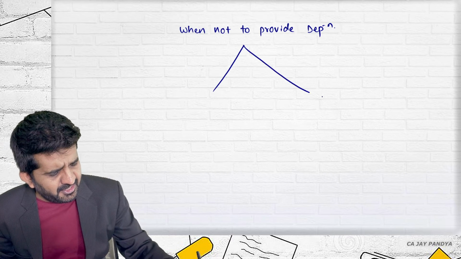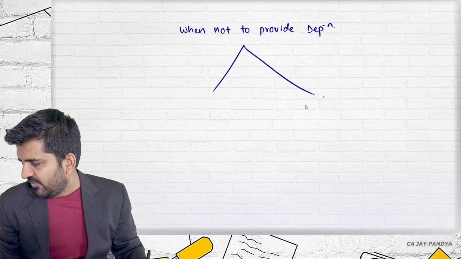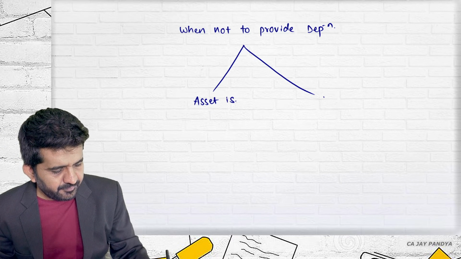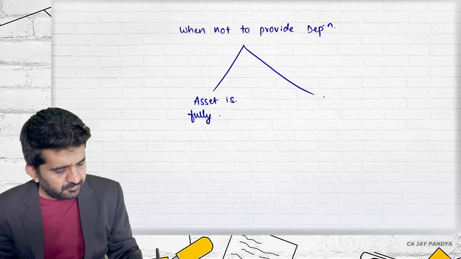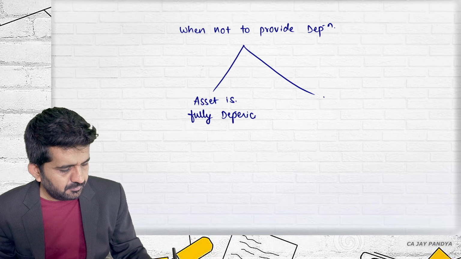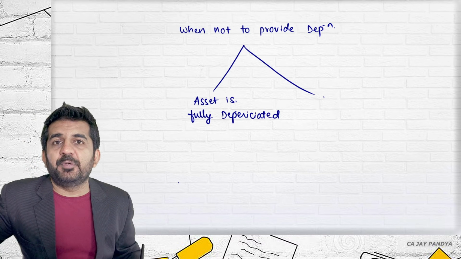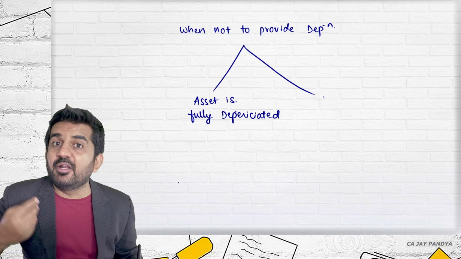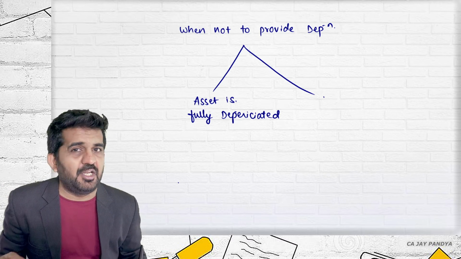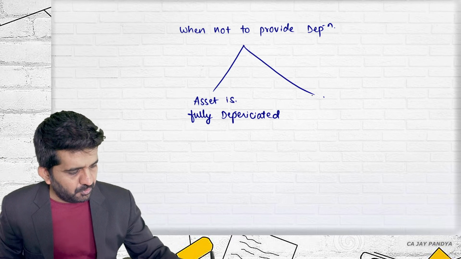It is not written in AS, but if we derive, there are only two cases. Number one, when the asset is fully depreciated. So if 1 lakh rupees is an asset and you have already written down depreciation of 1 lakh rupees, there is no possibility of revaluation, but the asset is still used in your business, the depreciation will be 0.